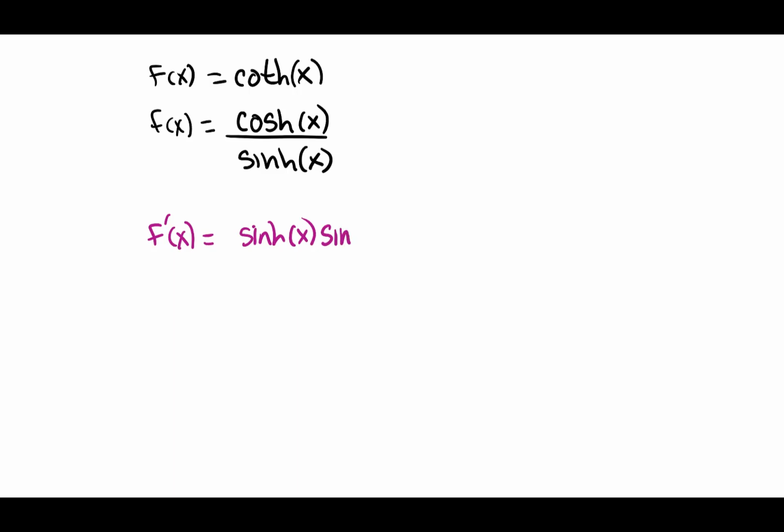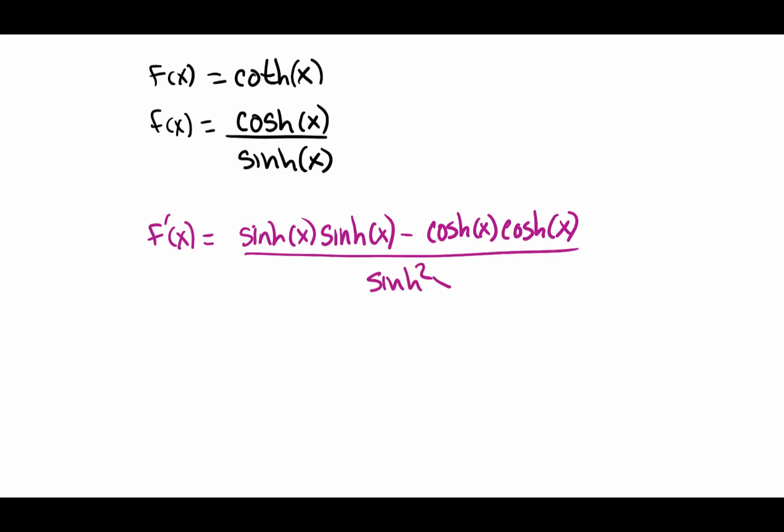That's positive sine hyperbolic of x, minus high, cosine hyperbolic of x, times the derivative of low. The derivative of sine hyperbolic of x is cosine hyperbolic of x. And we square the bottom, and we've got it.